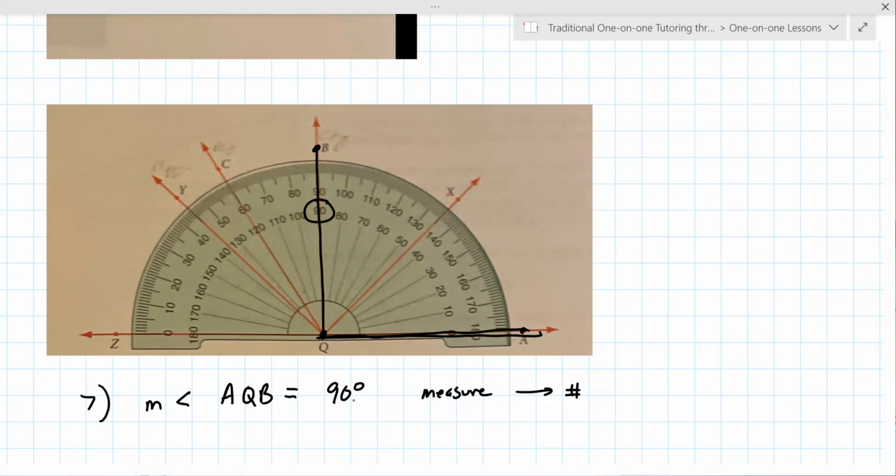All right. And it's 90 degrees. I'll just write that down.